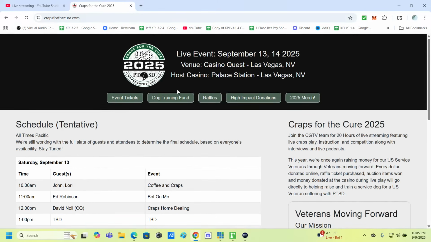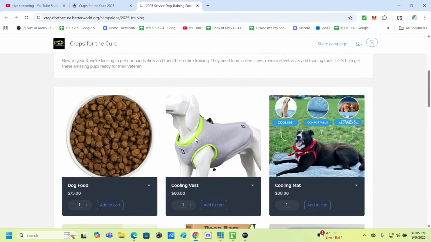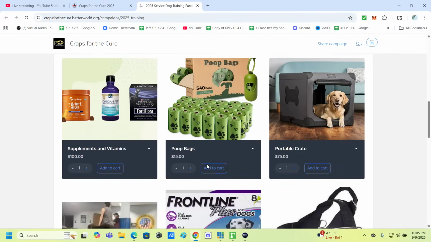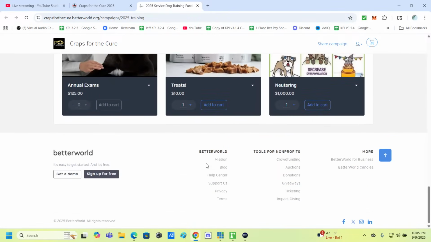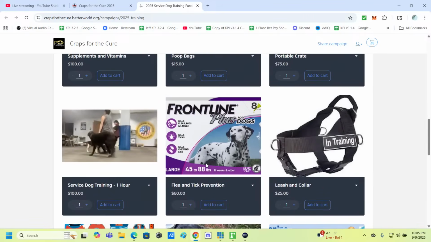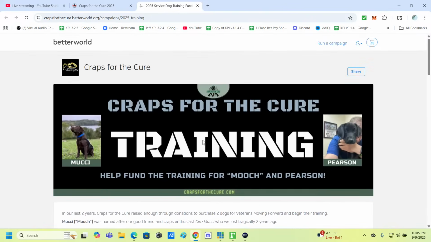At the top up here, if you want to help with the expenses on the dog, you can click the dog thing, and you can actually buy these, and you can donate the things that the dog will need. The service dog that's being trained. Pearson is the name of the dog. It is named after Ed's son. This dog that they're giving away and training currently. Beautiful dog there.